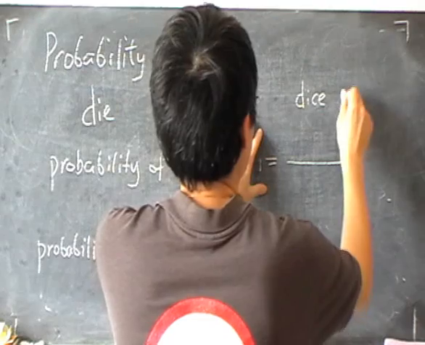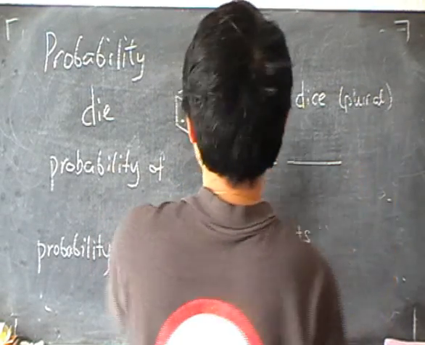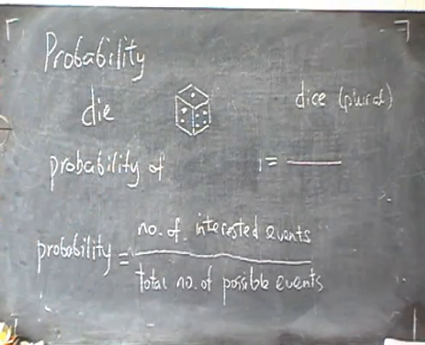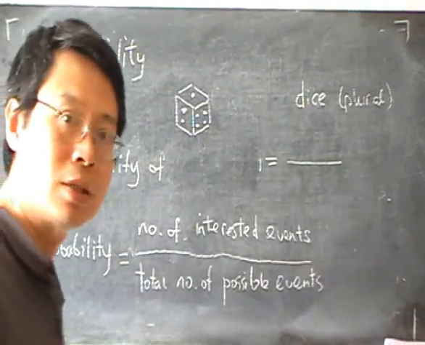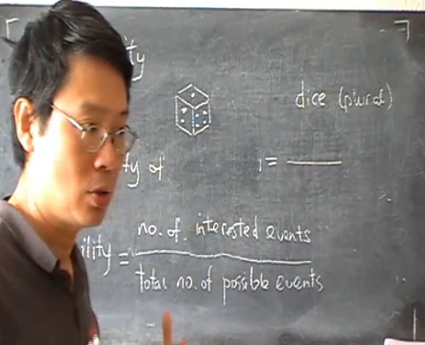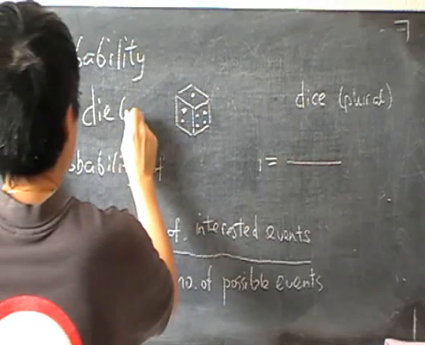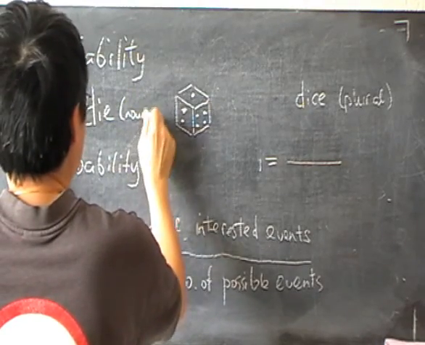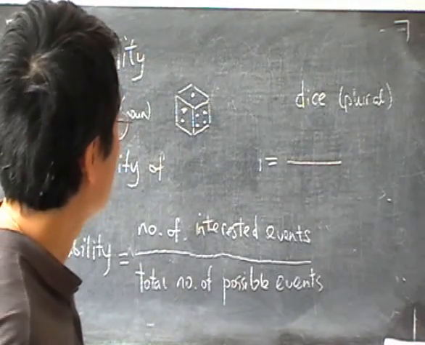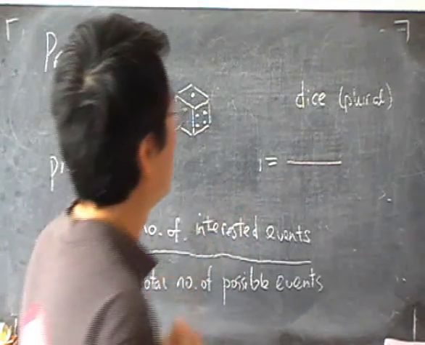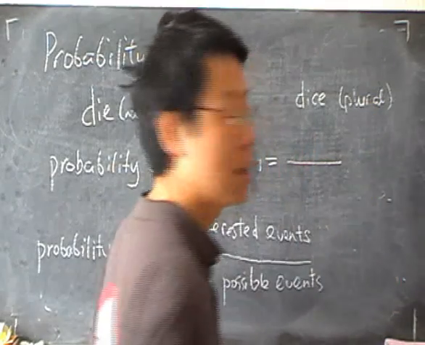Dice is the plural of this word die. So in this case, we are using the word die not as in living or dying, not as a verb, but as a noun to mean this object. And the plural of that is called dice, D-I-C-E.